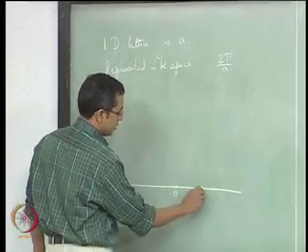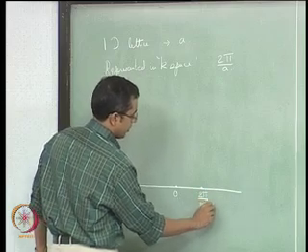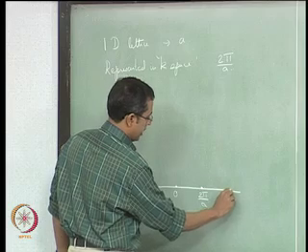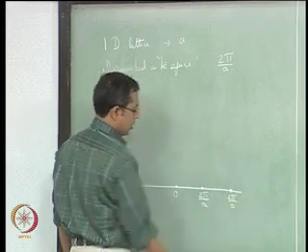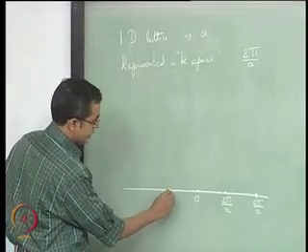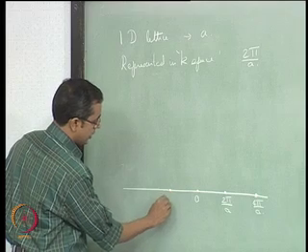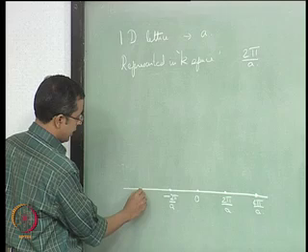So reciprocal lattice vectors occur at 2 pi by a, 4 pi by a, okay. So for the moment we will just take 2 points so that keeps the image rather clear. Again minus 2 pi by a and minus 4 pi by a.